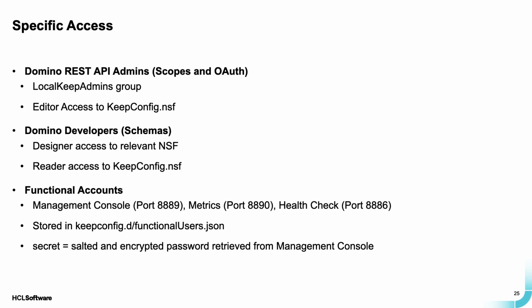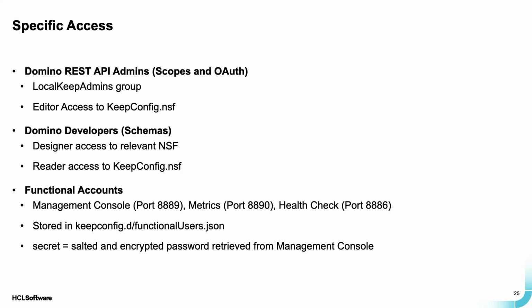These are specific users. These are specific areas that don't need access to the rest of Domino. So functional accounts are set up, and those are stored in keepconfig.d functional users.json. They don't have a username and password. They have a username and a secret, which is a salted and encrypted password, which is retrieved from the management console. So if you want to access the management console, then you will need to set up a user in functional users.json.